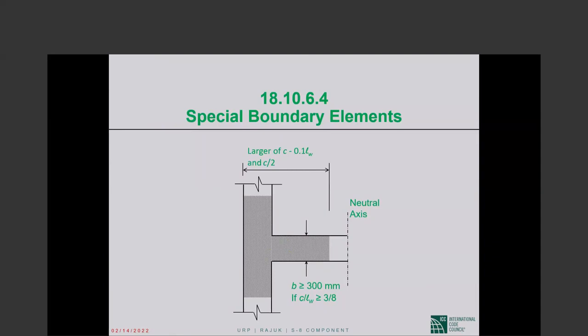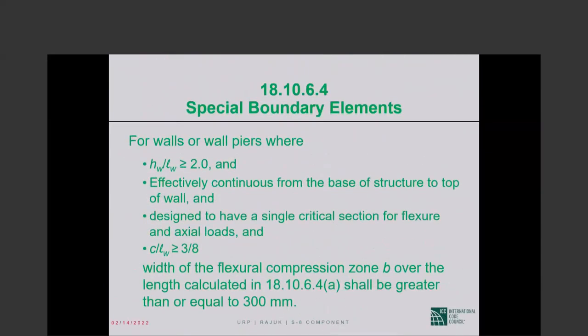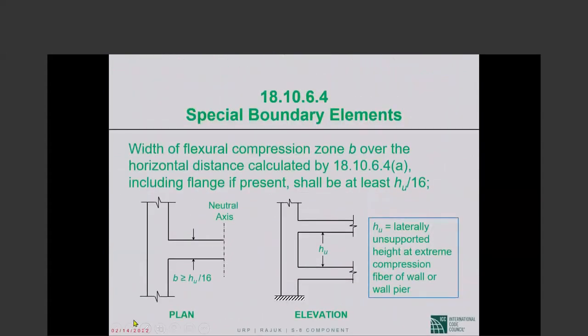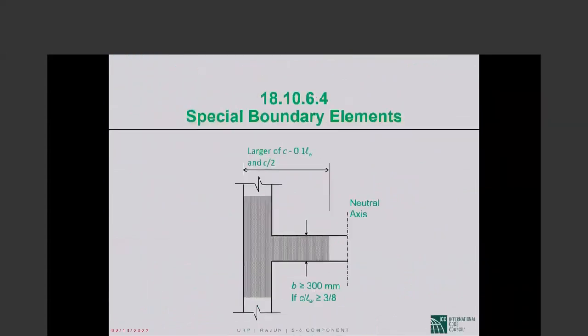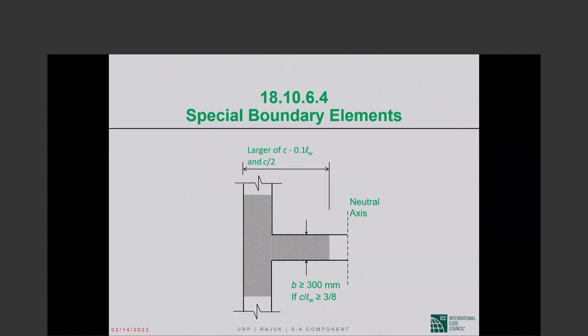So this requirement applies across the board over the specially confined boundary zone, wall thickness shall never be any less than 1/16 of the unsupported wall height. And then it says, if your wall may not be tension controlled, then there is an additional thickness requirement of 12 inches minimum.